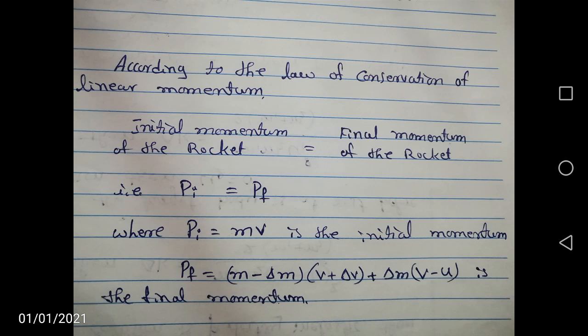The momentum of the rocket after a small interval of time delta t is (m minus delta m) into (v plus delta v), and the momentum of the ejected gases is delta m into (v minus u).